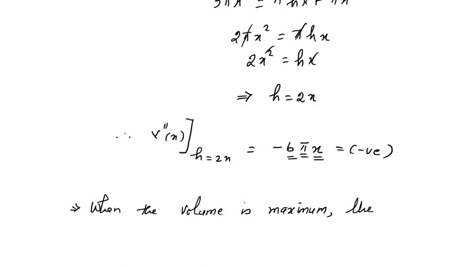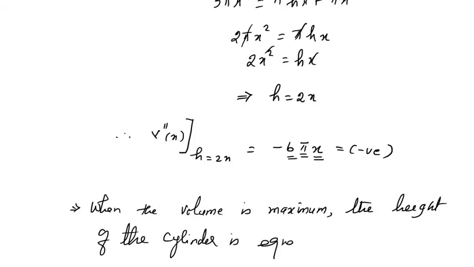The height of the cylinder is equal to twice the radius. Twice the radius I can write as what? Diameter. The height is equal to the diameter of the base. That's what we have to prove. That we got. Right? Yes. Now we'll go to the next sum.